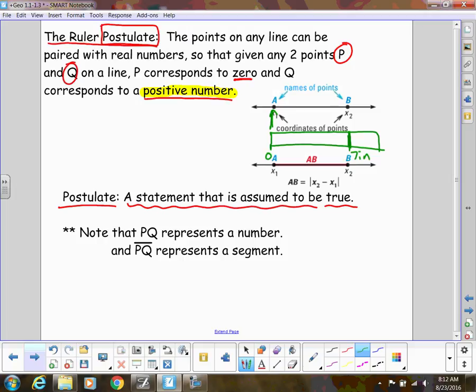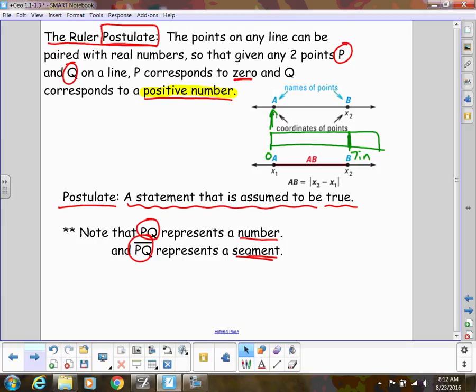Okay, it kind of is like duh, but that helps us connect these objects that are just floating in space to actual numbers that we can use and quantify with numbers. And then we've already talked about this, right? PQ represents a number, and then PQ with a bar over it represents a segment, an object.